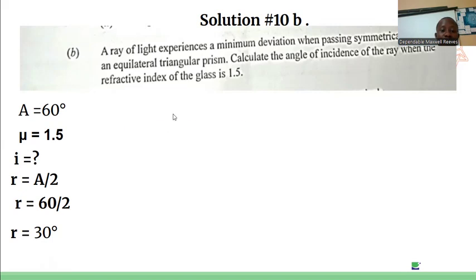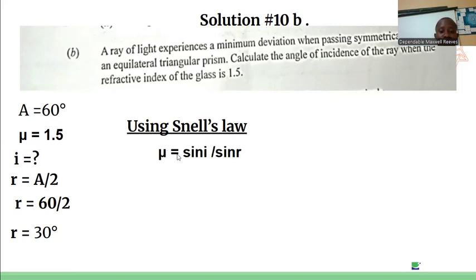Now, using Snell's law to find the angle of incidence, we have mu equal to sin i divided by sin r. Mu represents the refractive index. We know that r is equal to 30 degrees and mu is equal to 1.5. So replacing the values, we have 1.5 equal to sin i divided by sin 30 degrees. Sin 30 is 0.5.